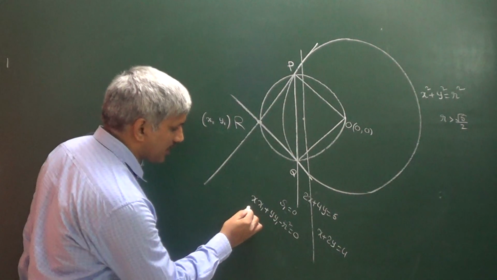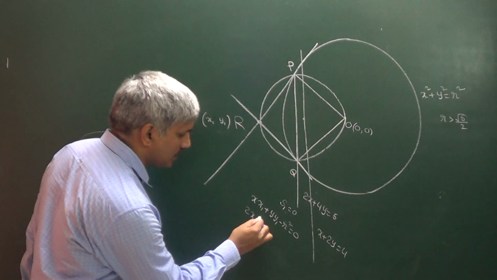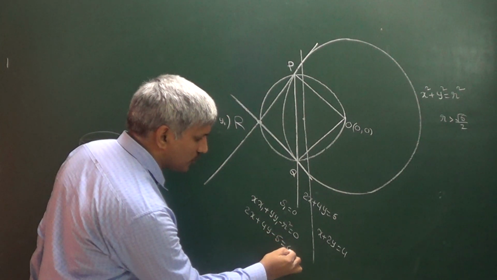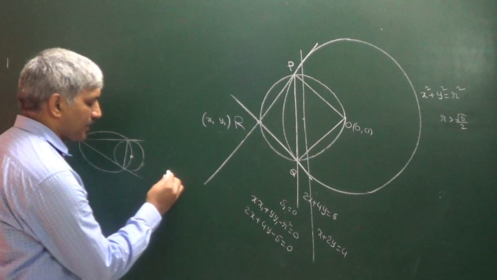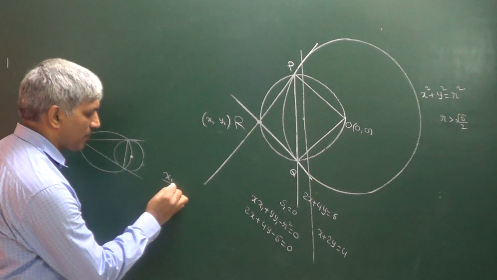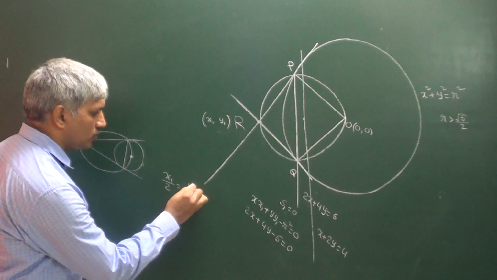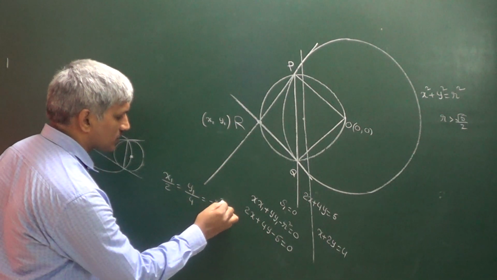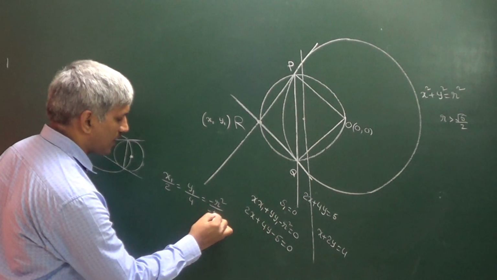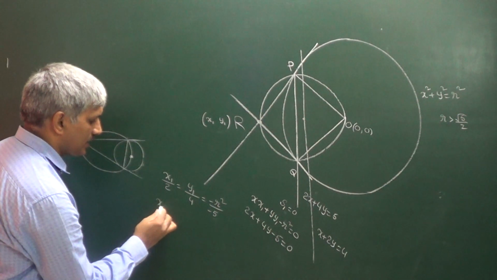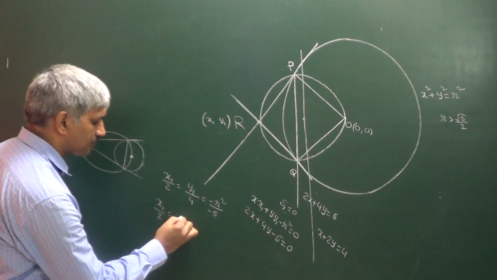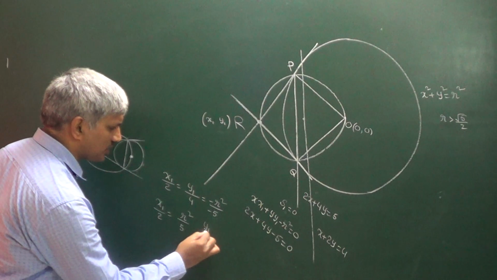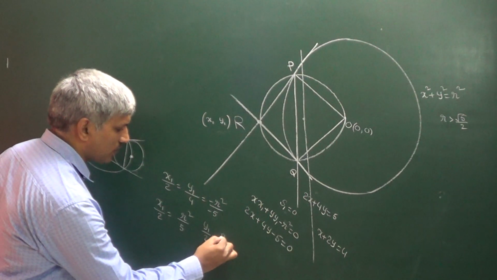But the chord of contact equation is given in the question as 2x + 4y - 5 = 0. Now compare these two. You will get x1/2 = y1/4 = -r²/-5. Therefore we are getting x1/2 = r²/5 and y1/2 = 2r²/5.